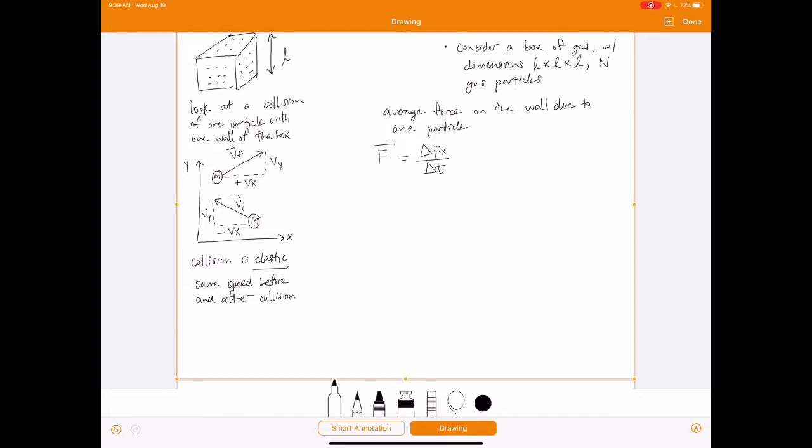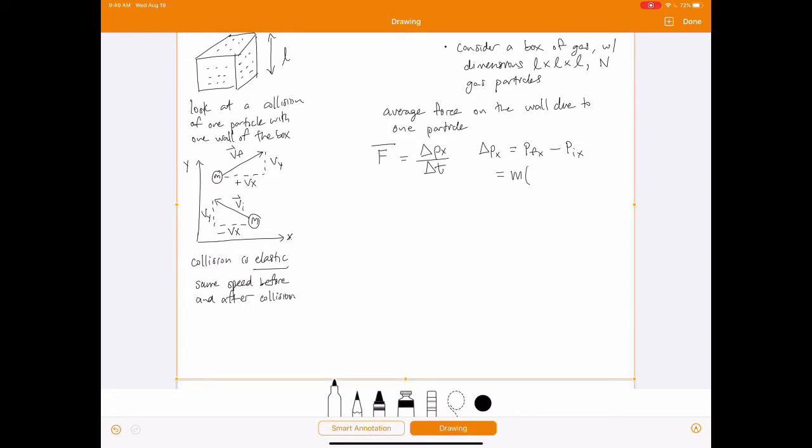Okay, so the next thing is, what is the change in momentum of our particle, delta P, and how do we write that out? Well, that's going to be the final momentum in the x direction minus the initial momentum in the x direction. And we can write down what that is straight from our picture. So we have, remember, momentum is mass times velocity.